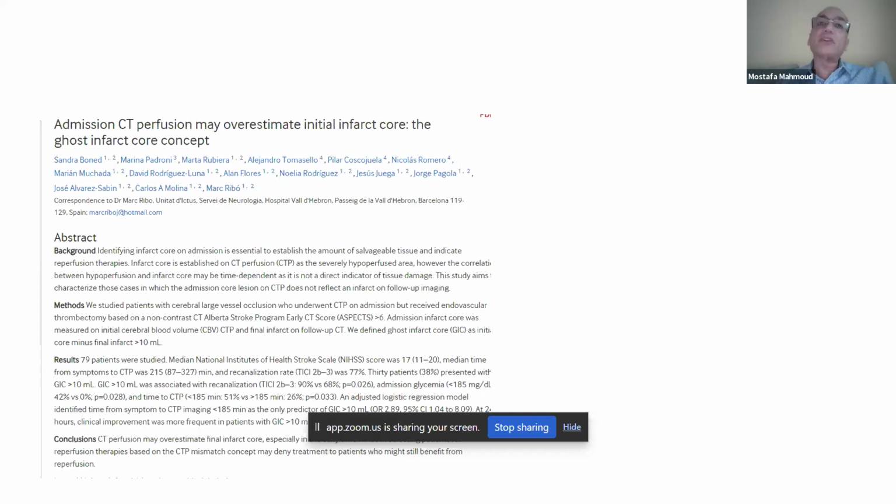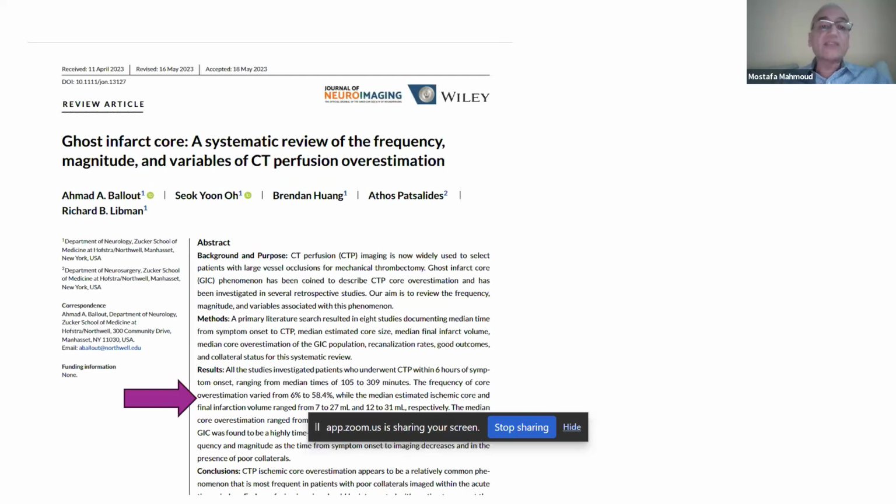It will appear on your scan exaggerated, in contrary to the reality. And this is not rare, because it accounts, as you can see here, for 6 up to 60% in the first 6 hours. So in the first 6 hours, we are expecting that the CBV might be exaggerated.